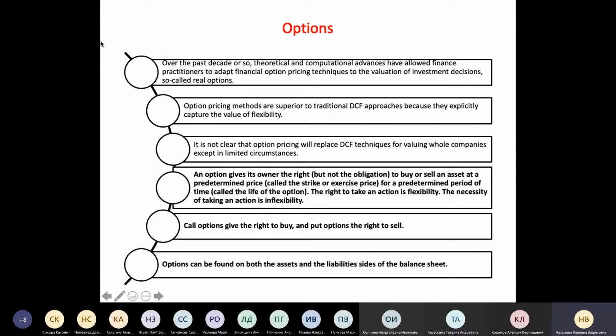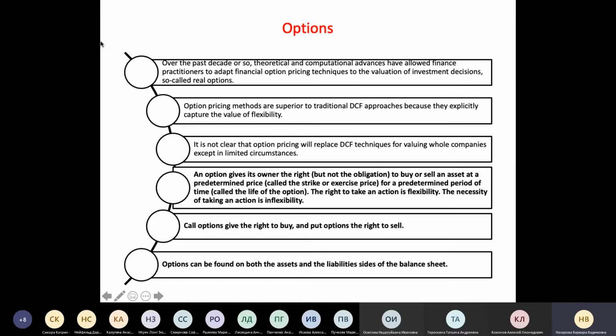And when 2 characteristics are present, the influence of uncertainty and the possibilities of our company to be flexible and to react to the conditions of uncertainty, in this scenario we can add surplus opportunities in our company.